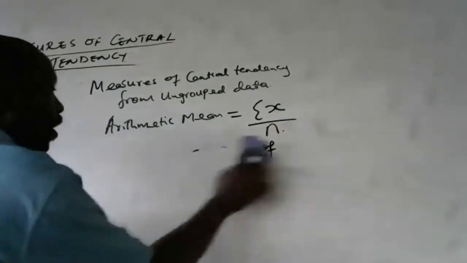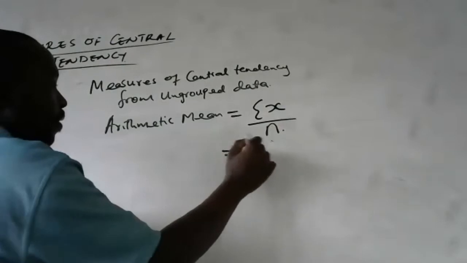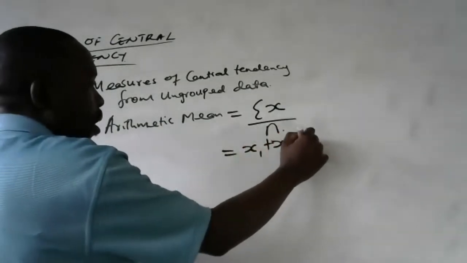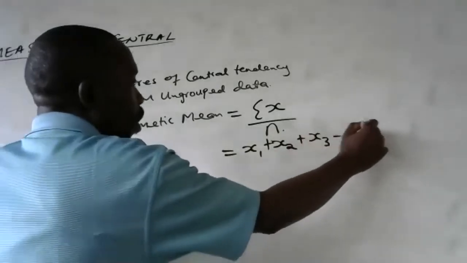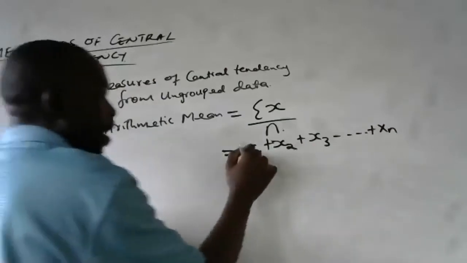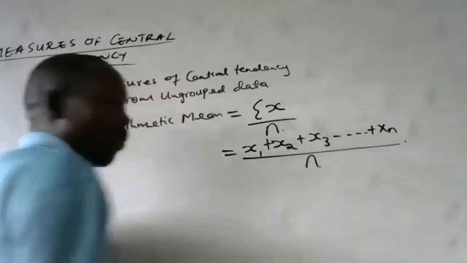So this is the same as x1 plus x2 plus x3 all the way to the last x, which we normally say is xn. Then we divide by the number of those x's.